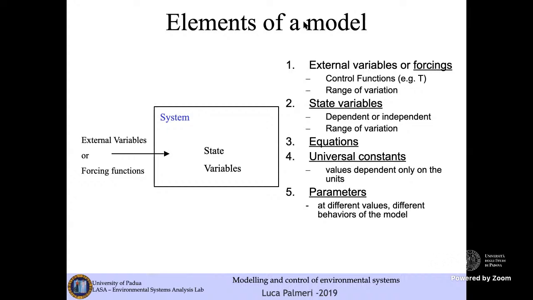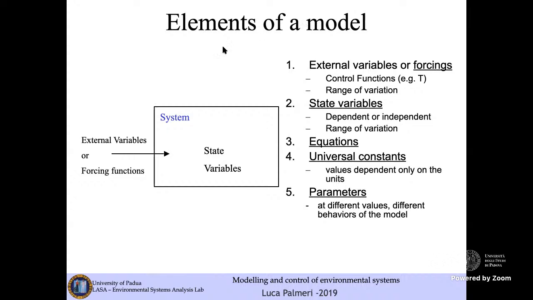Also for these variables, we shall introduce ranges of variations, so that when we verify the behavior of a model, we shall have some indication of what are the reasonable values for these state variables to assume.